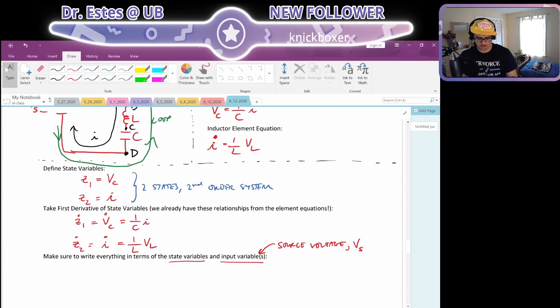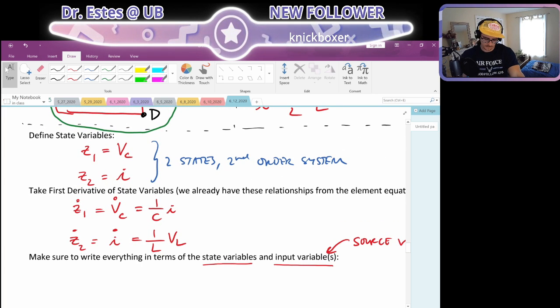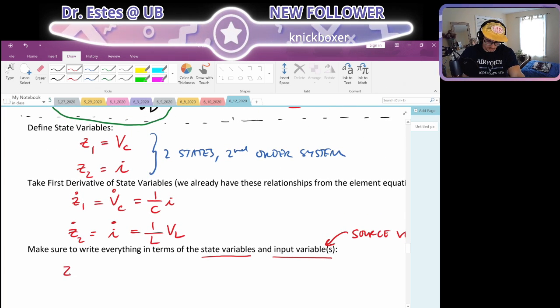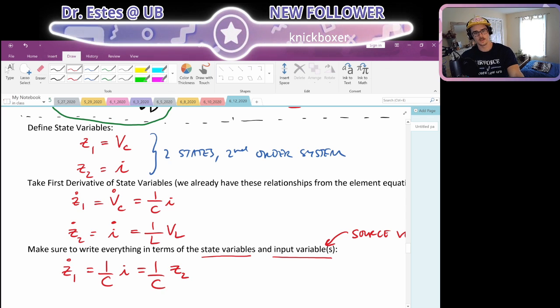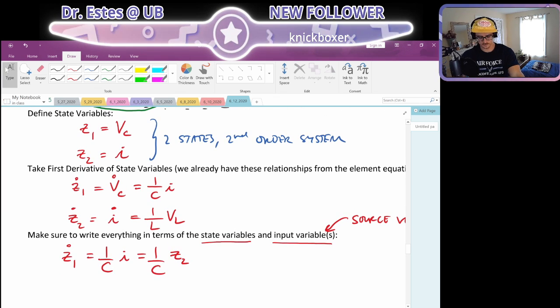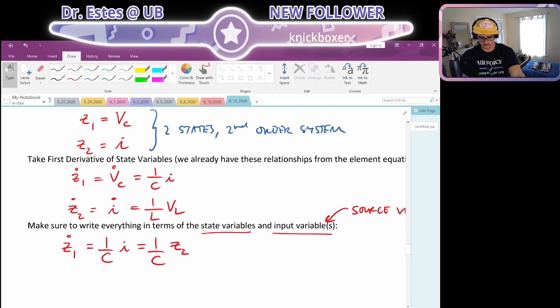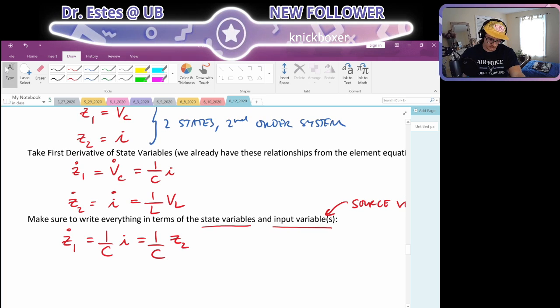So, for example, let's do this one first. Z1 dot is 1 over C I, and I is Z2. So, very nice. We're done with that equation. It's in terms of our state.